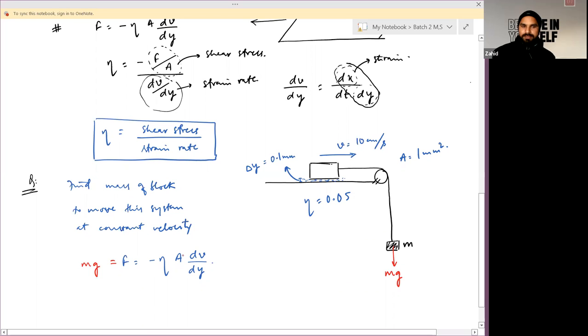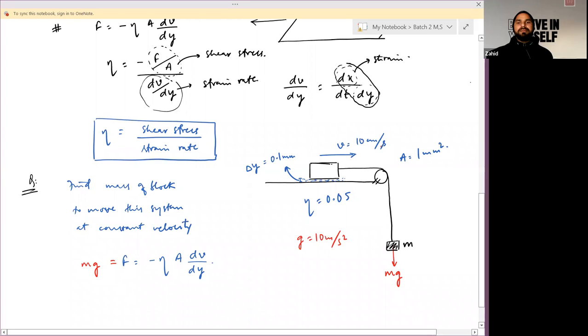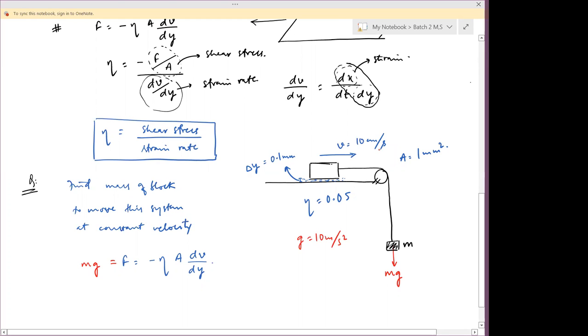Now we have eta, area of cross section of this liquid film, velocity, and width. Just put all the values and try to find the value of m. Take gravity to be 10 meter per second square. So here for velocity, should we convert centimeter to meter? Yeah, all quantities should be in SI units.